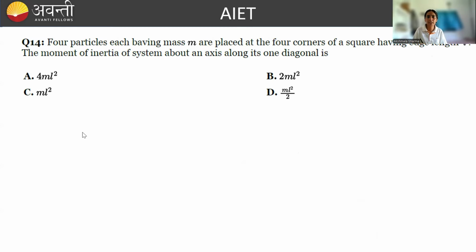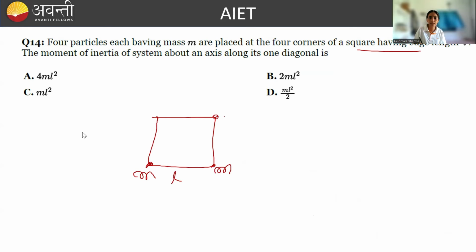Now 14. Four particles each having a mass m are placed at the four corners of a square having edge length L. So there is a square. The edge length given is L. There are four equal masses kept like this. And we have to calculate the moment of inertia of the system along one of its diagonals. So if you talk about the diagonal, this is it.